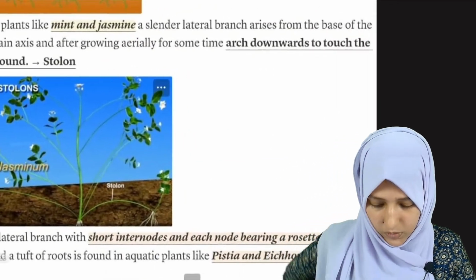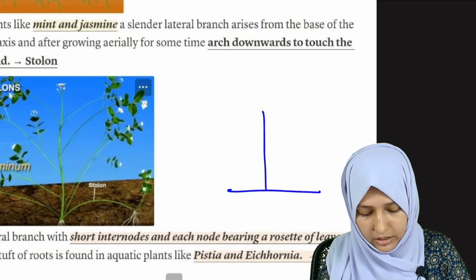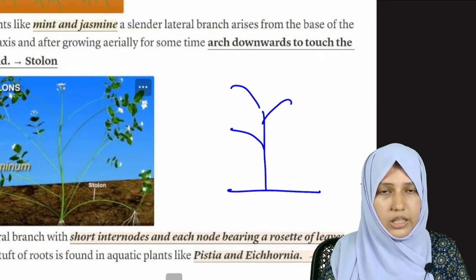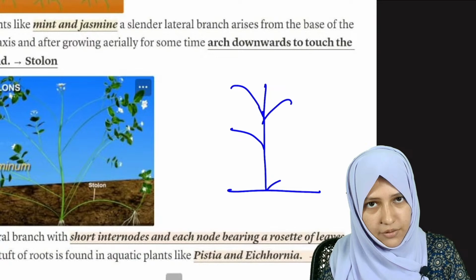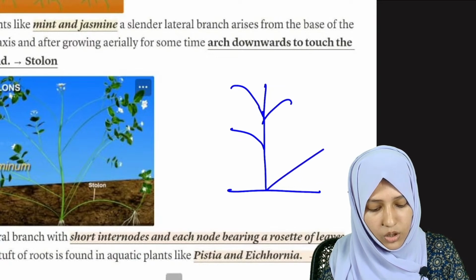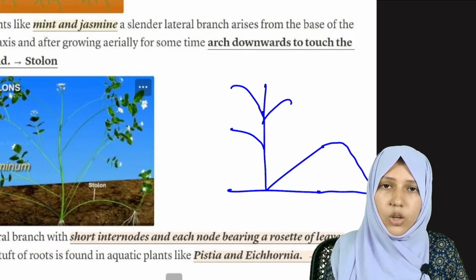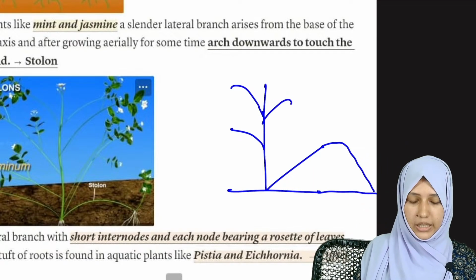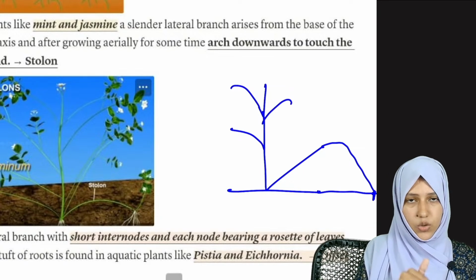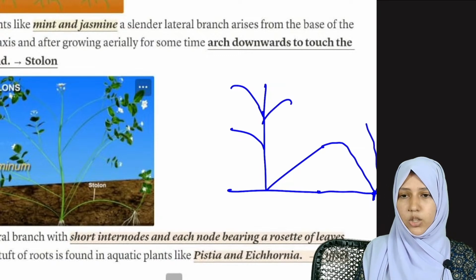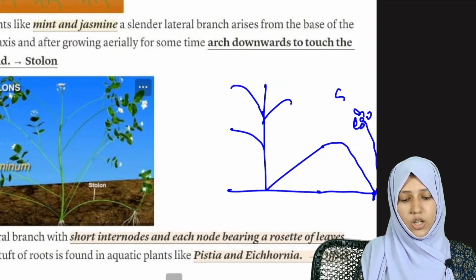This is a jasmine plant, and there will be formation of a lateral branch, which grows aerially for some time, and then grows vertically downwards to touch the ground, and from there it will form a new plant. This type of propagation is known as stolon.